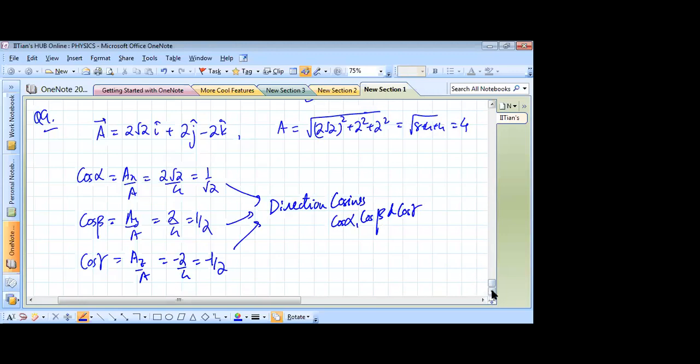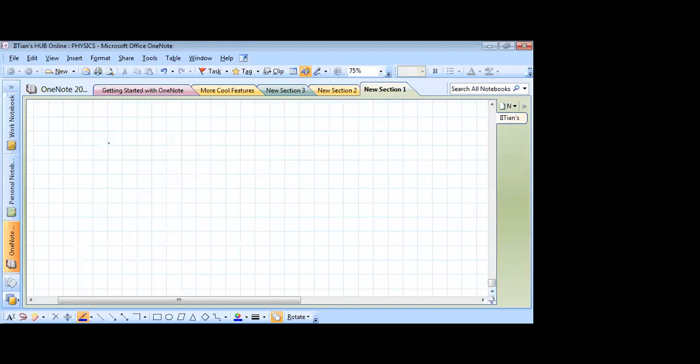Finish this quickly and move on to question 11. That is also an application of this, but just using the reverse of this. In question 11, direction cosines are given to us. Direction cosines are 3 by 13.